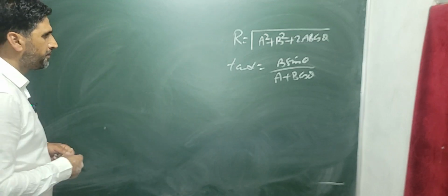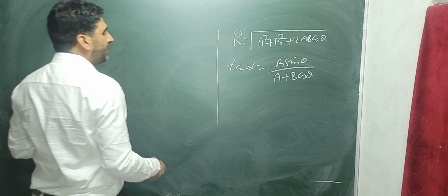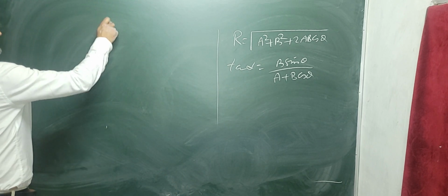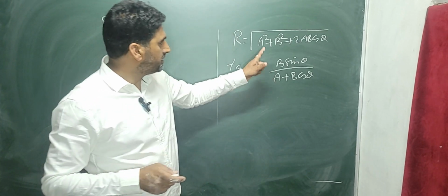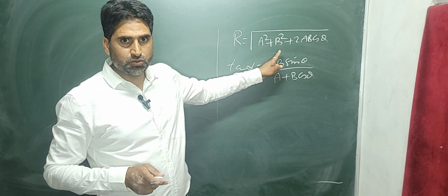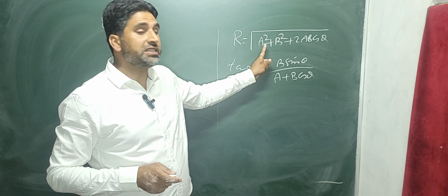Suppose I take one example: find the angle between the two vectors, find theta between the two vectors, if the two vectors are of equal magnitude and the resultant is equal to either of the vectors.